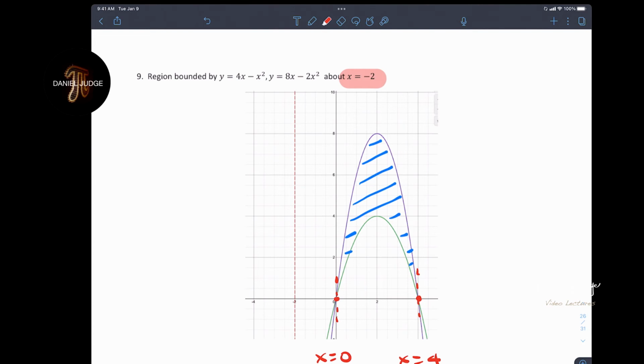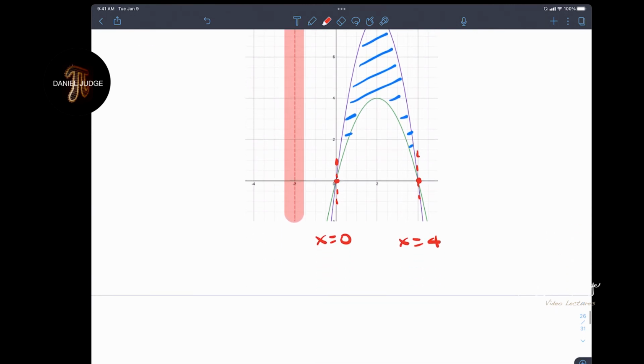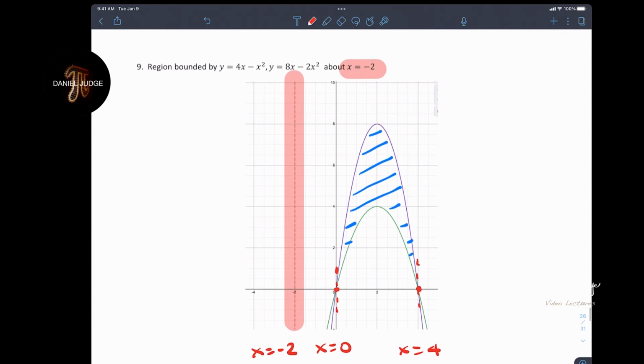Because if you really notice, you're going to revolve this curve around x is negative 2. So this is not the y-axis. This is x is negative 2 now. So this is how it's different. So instead of revolving the curve around the y-axis, you revolve it around the vertical line x is negative 2.